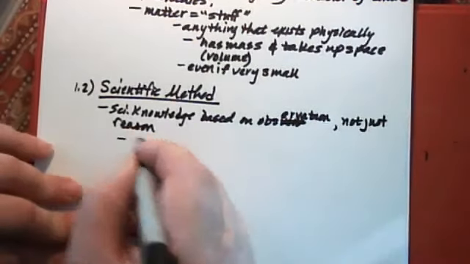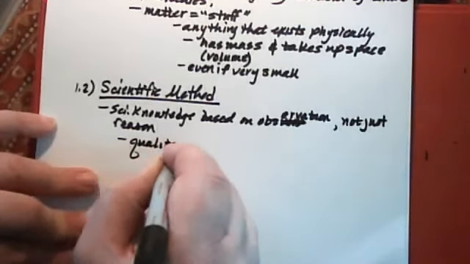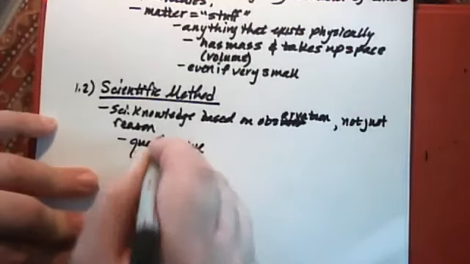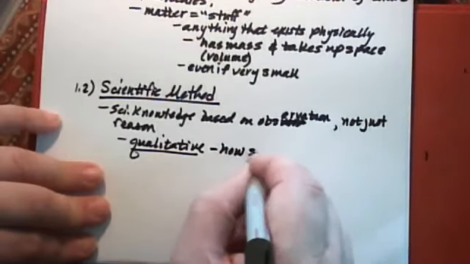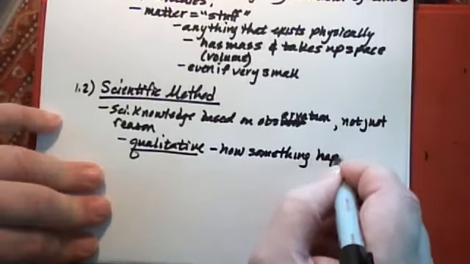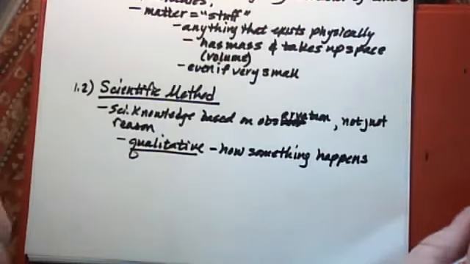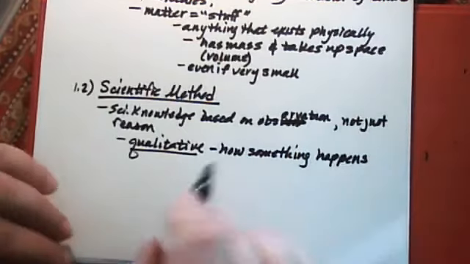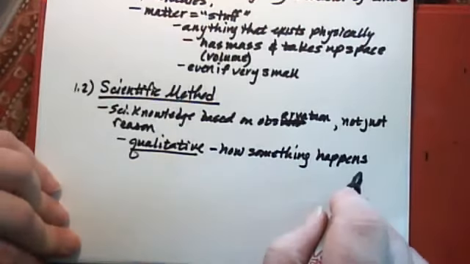Okay, there are certain types of knowledge. You have qualitative knowledge, which tends not to involve numbers, let's put it like that. It's more about how things happen, or maybe just the general idea of what happens.